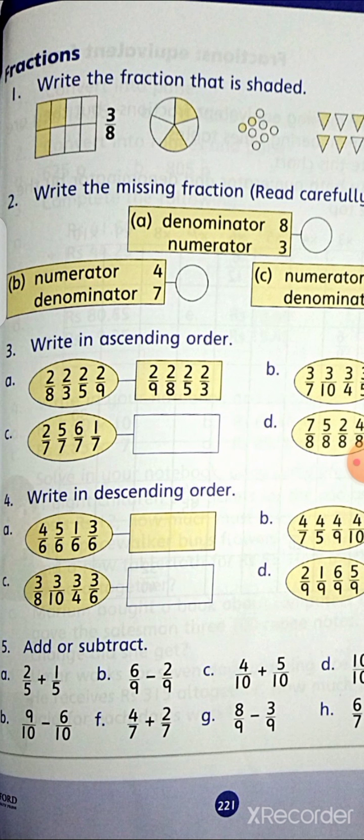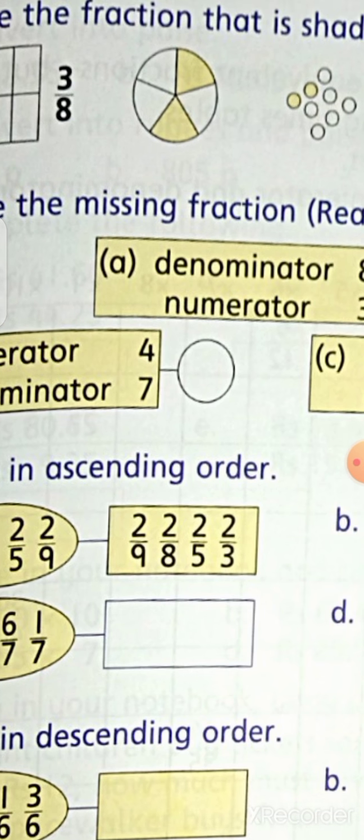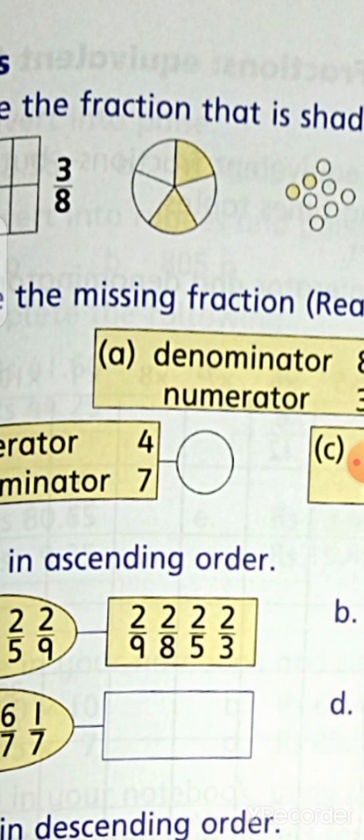In the second one, you will count the total number of parts in which a figure is divided into, that is denominator. 1, 2, 3, 4, 5. Total number of parts are 5 and shaded parts are 2, that is numerator. So 2 over 5. In the same way, you will count and write the fraction for the shaded part in the book.